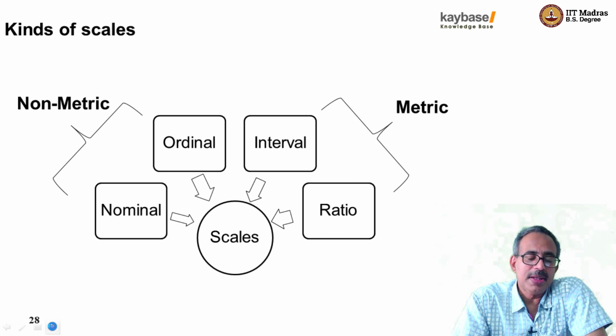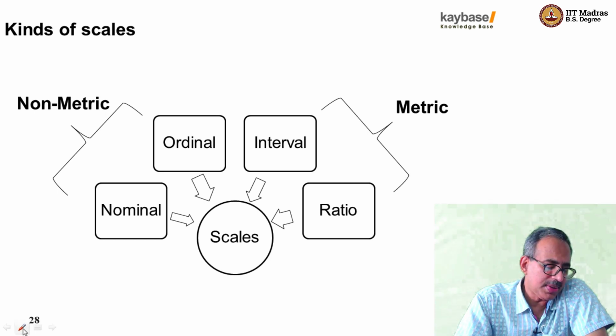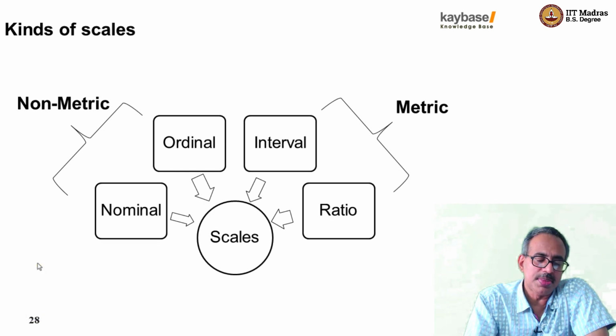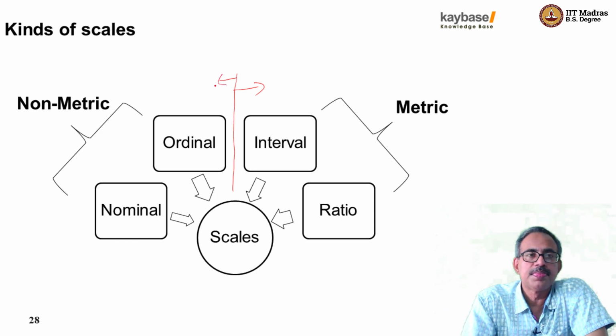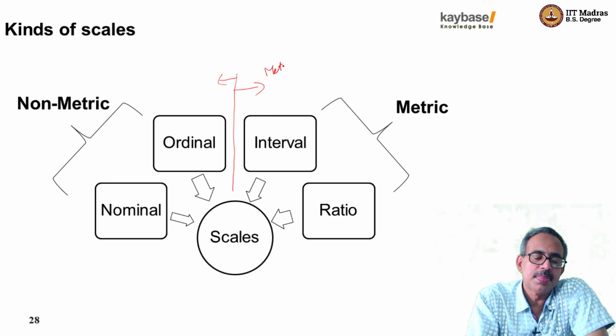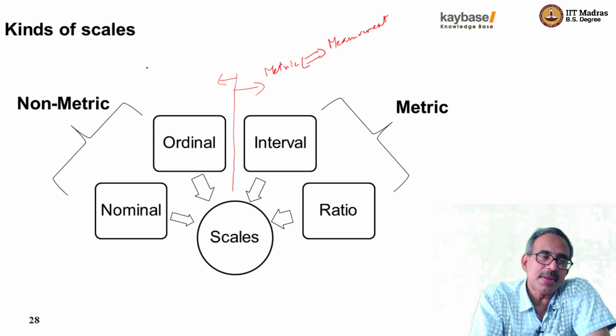So there are, to begin with, two broad kinds of scales, and this is why I said it's not always measurement, right? This side is metric and this side is non-metric. Now, metric per se means measurement. Non-metric is not about measurement.